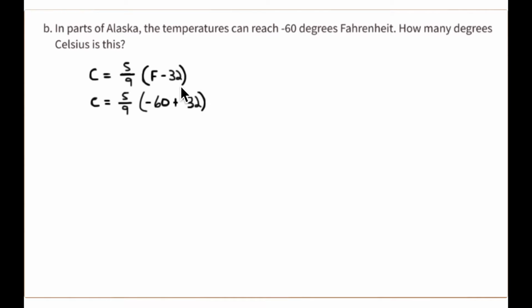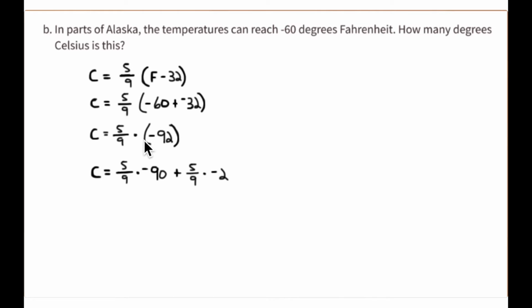So this is that formula written in terms of Fahrenheit. Those are the degrees you're given, and you're going to calculate how much that is in degrees Celsius. So it's a negative 60 degrees plus a negative 32 degrees. That's a negative 92. So 5/9 of negative 92.